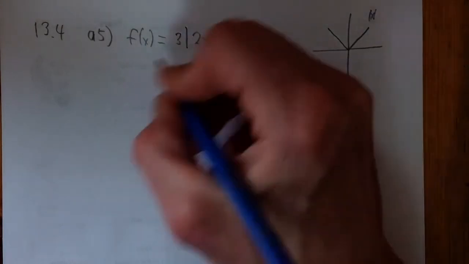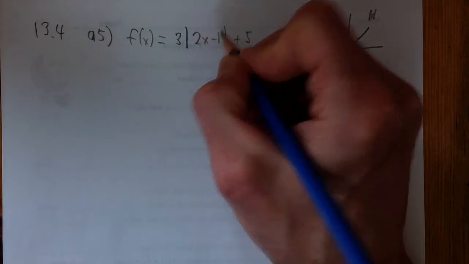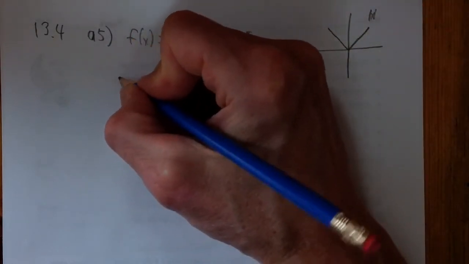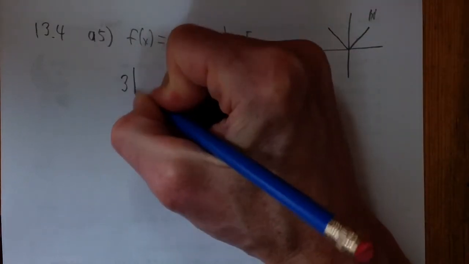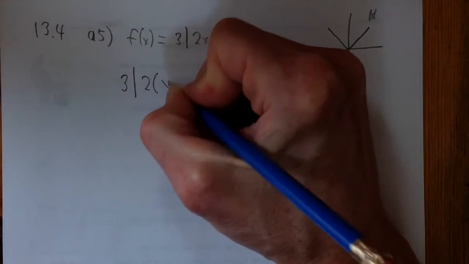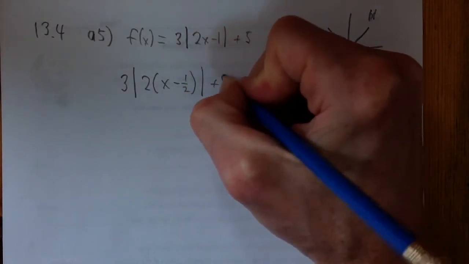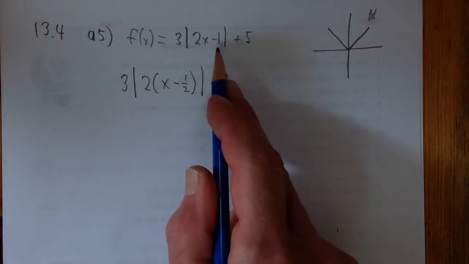So the first step is you got to get the x by itself, like we talked about before. 2x minus 1, no, that doesn't work, because here's our function. So the first step is we write our f of x as 3 times 2 times x minus 1/2, plus 5. And check that: 2x gives us 2x, 2 times negative 1/2 gives us negative 1.